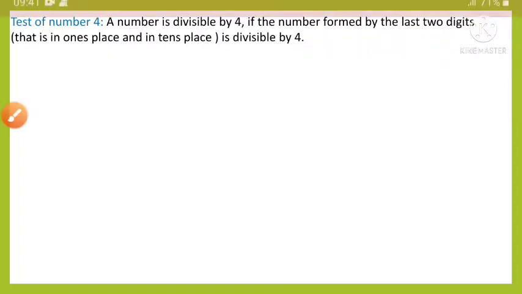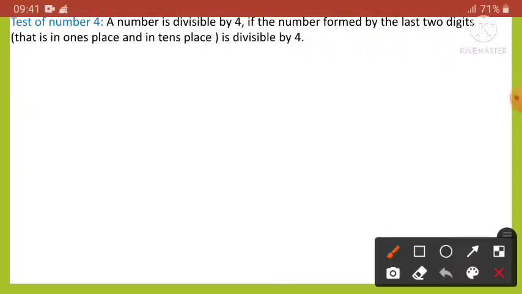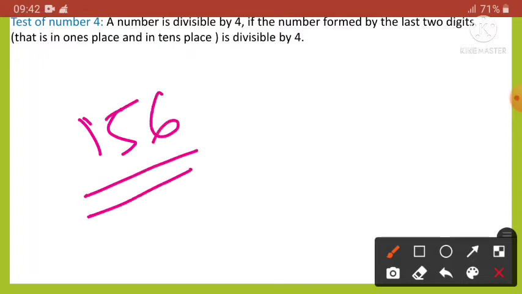Next one is 4. A number is divisible by 4 if the number formed by the last 2 digits, that means the ones place digit and the tens place digit, is divisible by 4. Suppose I am taking one number, suppose 156. To check the divisibility test we have to take the ones place digit, and then the tens place digit.